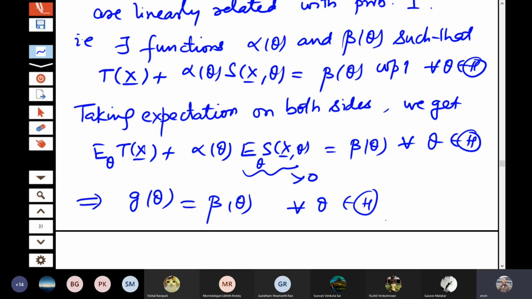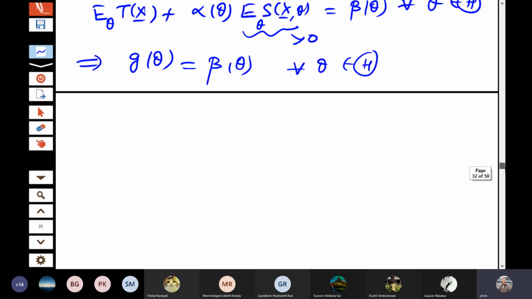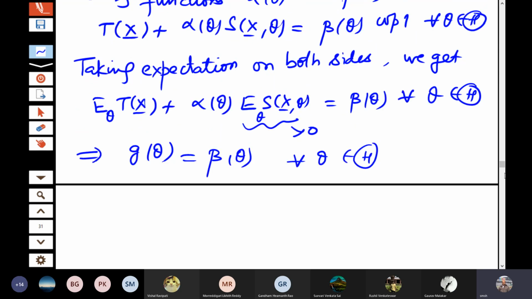Now let us consider h theta, any other parametric function for which the lower bound is attained.